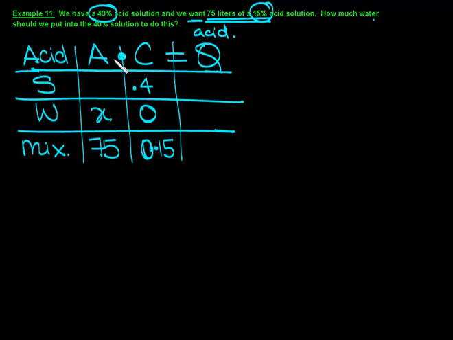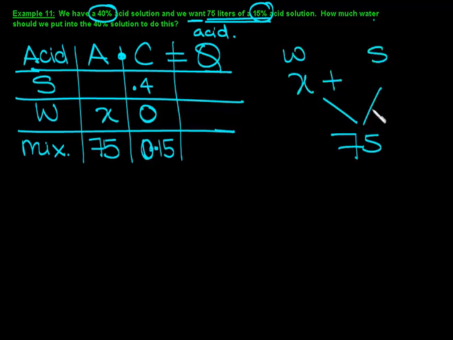So I'm going to start with some solution. I'm going to add X liters of water and end up with 75 liters. So how much did I start with? How much do you think we started with to get to 75? Think about it. I want to eventually end up with 75 liters. So I'm going to take X liters of water and I'm going to have to add how much of the solution to get that?